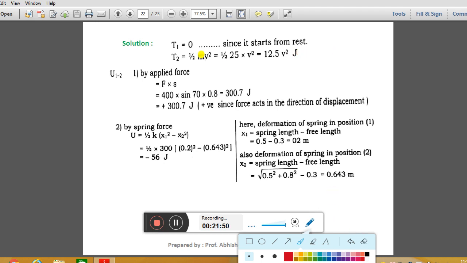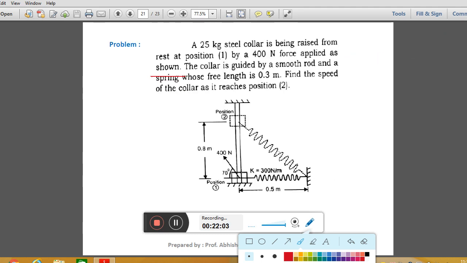Now let us calculate the work done by the different forces. First of all, we'll calculate the work done by the applied force. The applied force is 400 newtons at 70 degrees. Let us resolve this.